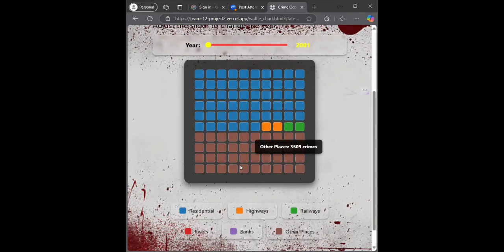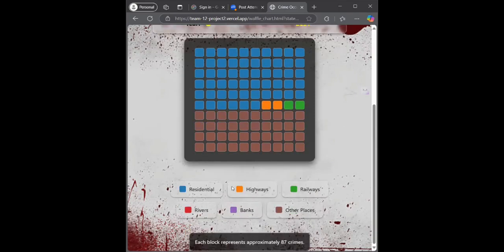Each block in the chart corresponds to a specific number of crimes, giving us an intuitive snapshot of where crimes are most prevalent. The color coding helps differentiate locations: blue for residential areas, orange for highways, green for railways, red for rivers, purple for banks, and brown for other places.